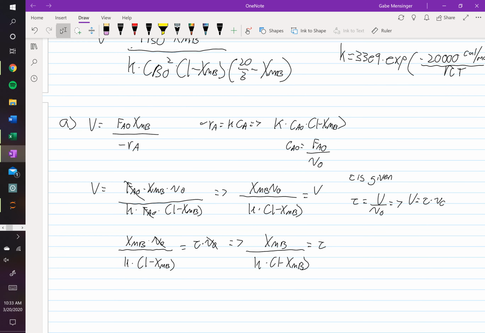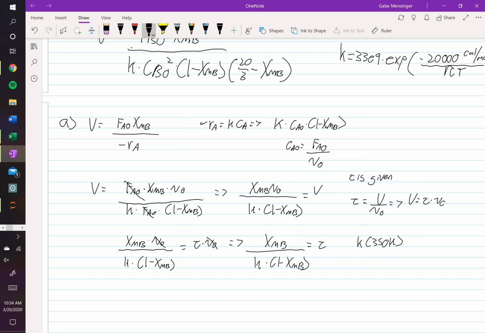And then, because this is a non-isothermal system, we need to consider what factors here are going to change with temperature, and in this case, it's going to be K. K is a direct function of temperature. And in the last problem, we were just given the Arrhenius equation and all the constants that we needed in order to solve that. In this case, we are given K at 350 Kelvin. We're given a reference temperature.